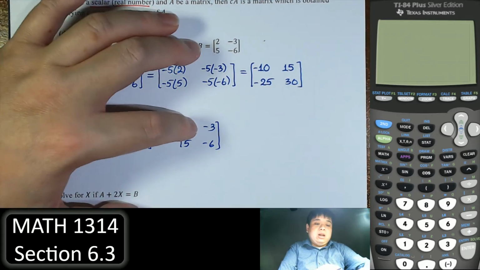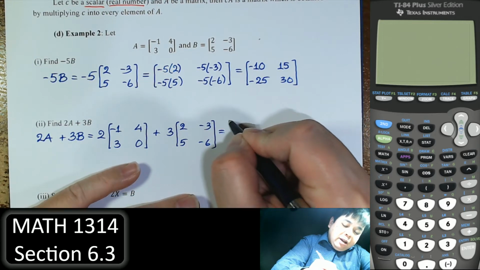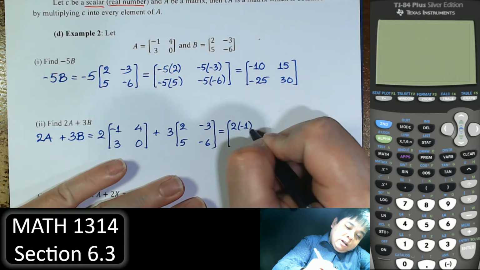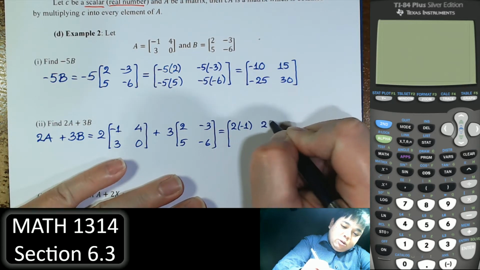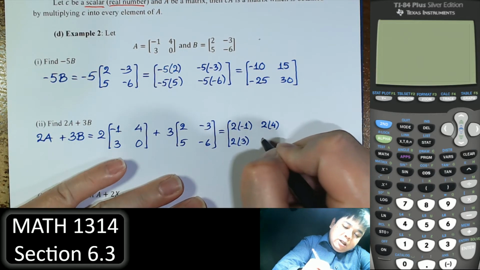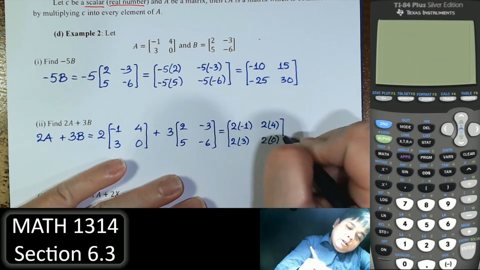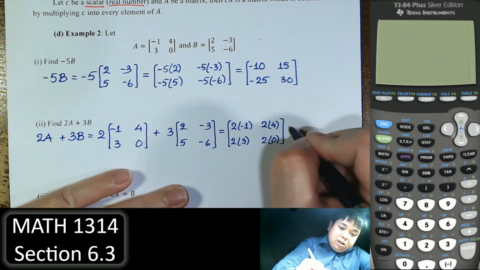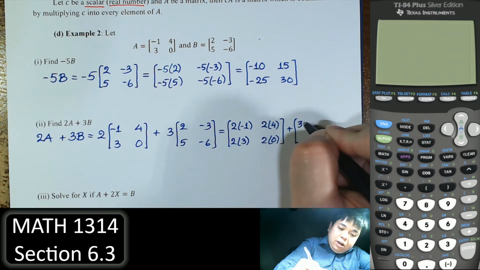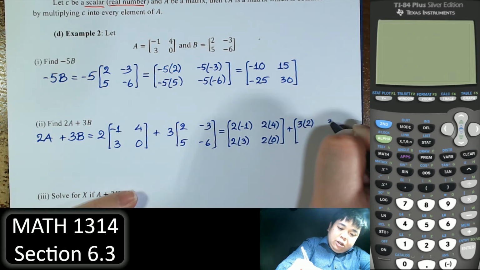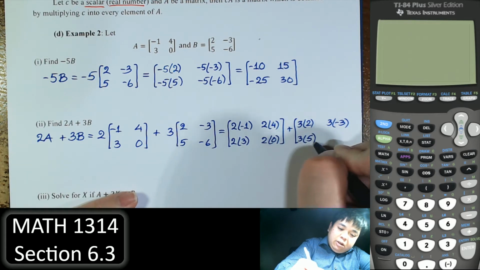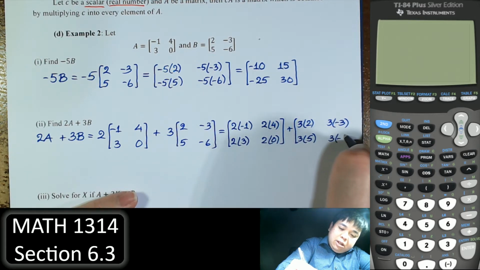So we multiply the numbers in first. 2 times -1, 2 times 4, 2 times 3, 2 times 0, and then plus, now we multiply 3 inside. 3 times 2, 3 times -3, 3 times 5, 3 times -6.